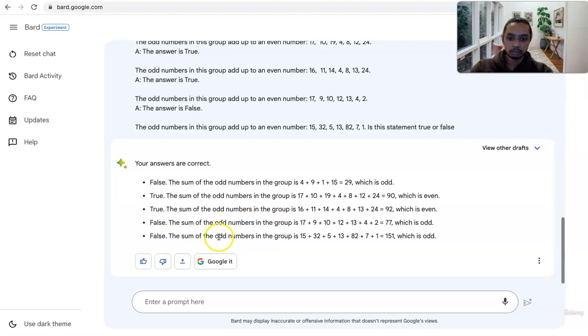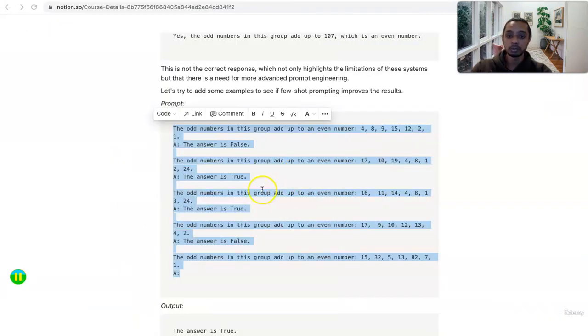The sum of odd numbers in this group is 15 plus 32 plus 5 plus 13 plus 82 plus 7 plus 1. So this doesn't work. Bard is doing a really bad job in identifying what even numbers are in this group. So it's not the best way to work when you're working on critical reasoning tasks. I would highly suggest that you use ChatGPT instead of Bard.